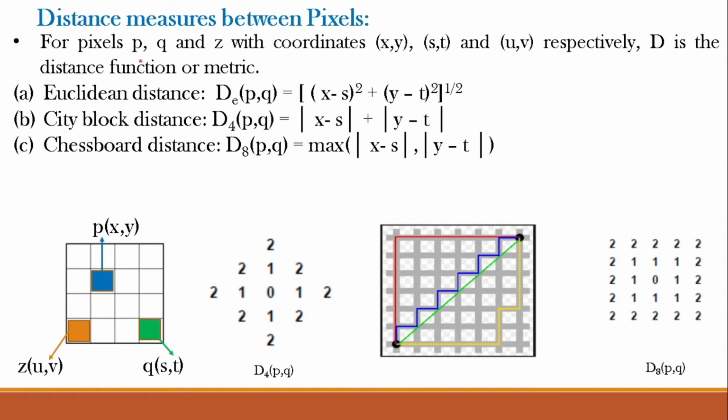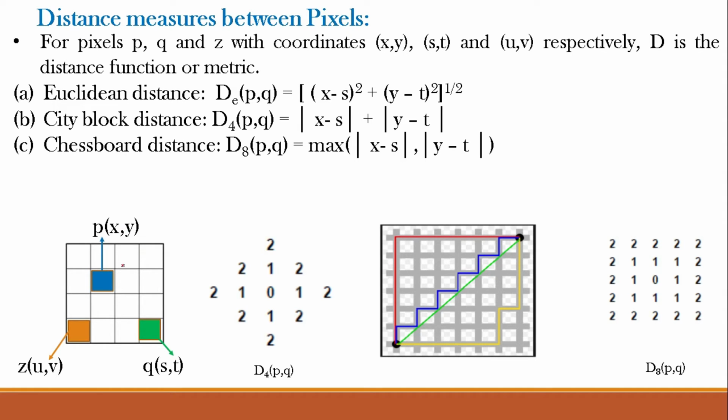So for pixels p, q and z with coordinates xy, st and uv respectively, d is the distance function or metric that is used for measuring the distance between the pixels. So let us see different types of distance measures for this particular image and 3 different pixels as mentioned here.